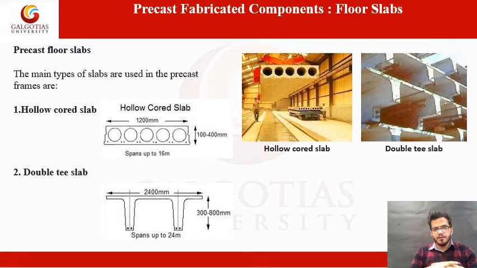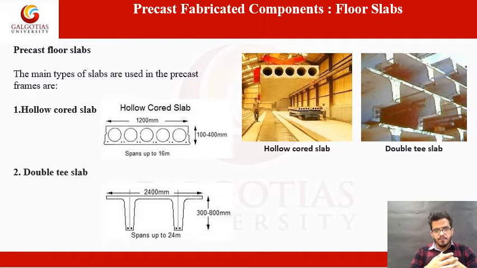Another component in a precast fabricated system is the precast floor slab. We have many types of precast floor slabs. Here I am explaining the two basic types: the hollow core slab and the double T slab.